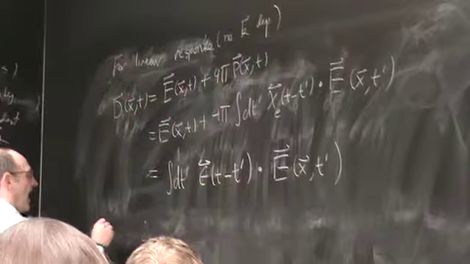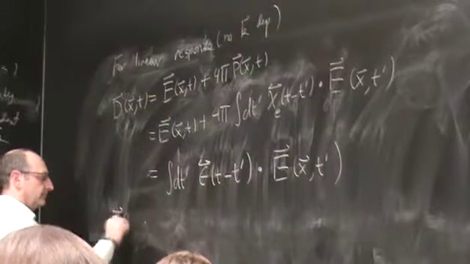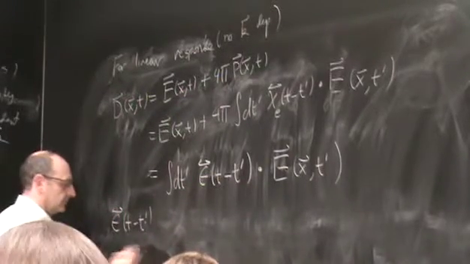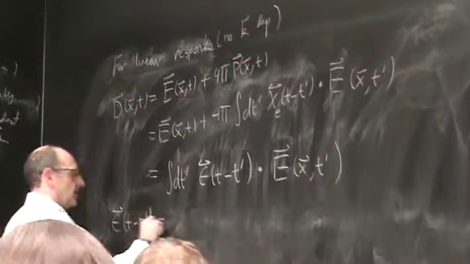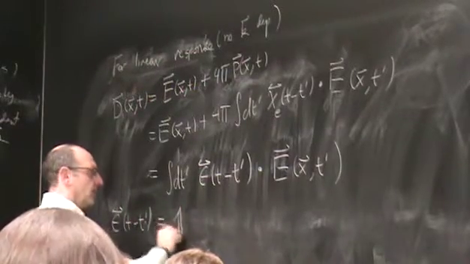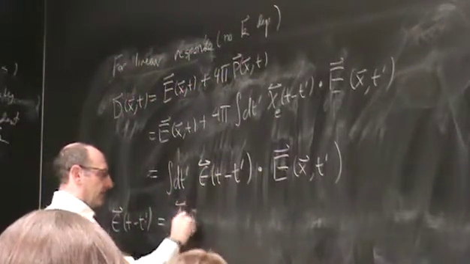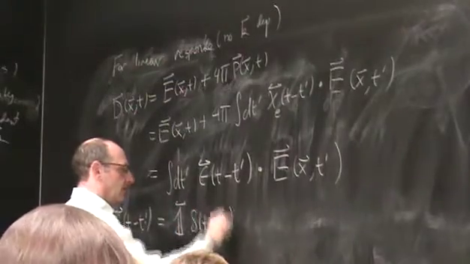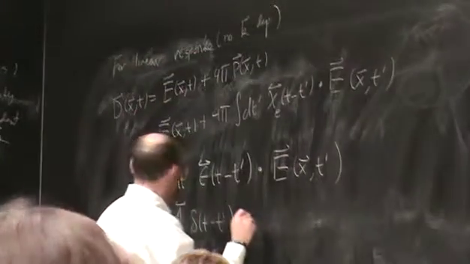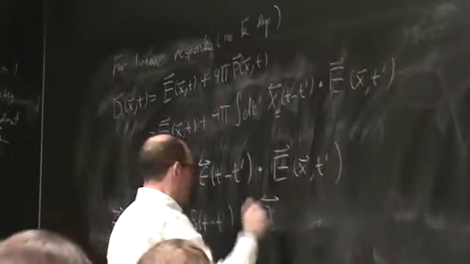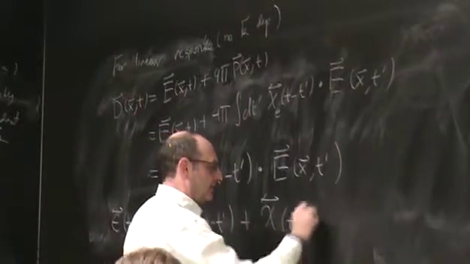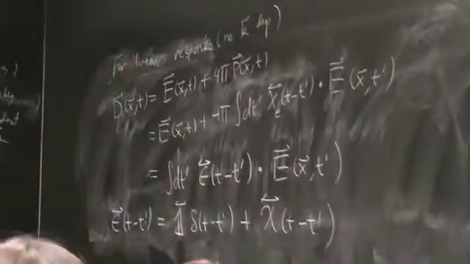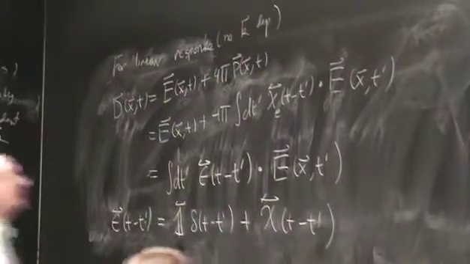Where epsilon is equal to the unit tensor times a delta function plus 4 pi chi of a function.